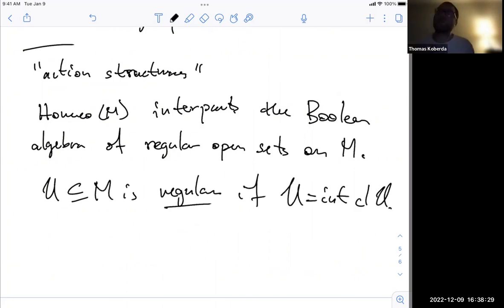So these are natural things to work with if you like things that are well behaved under Boolean operations, because if you have a regular open set, then you have a natural notion of a complement, because you can take the literal complement and then take the interior of it, and you get another regular open set.